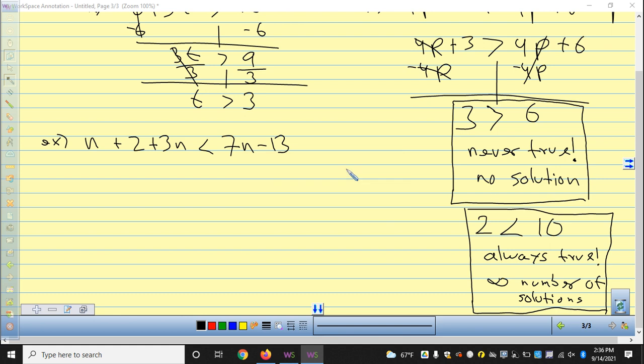All right, so our first step, what's the first step that you all did? Combine like terms. So here on the left, we have an n and a plus 3n. So we add those together and we get 4n plus 2 is less than 7n minus 13. Next step.